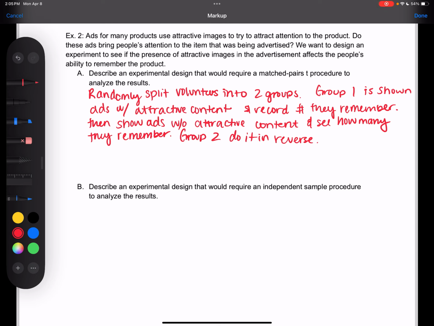So basically, kind of how we used to show the pairings with the branches, we're going to have the volunteers, and we're going to split them into two groups randomly. This is group 1, which is ads with attractive content first. Group 2, ads without attractive content first.